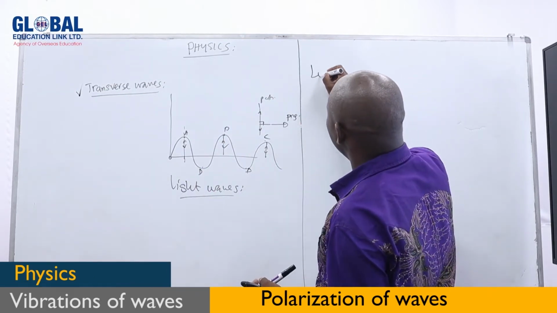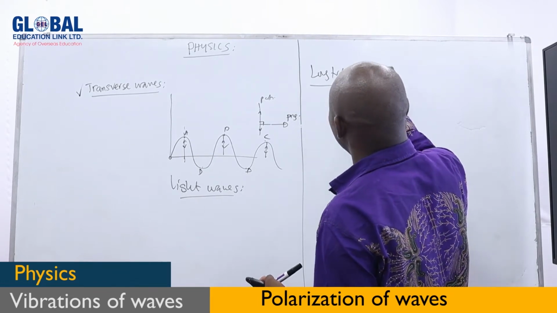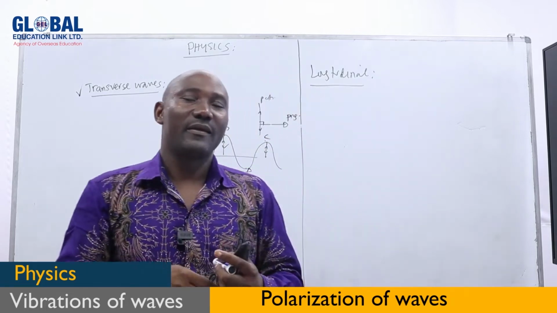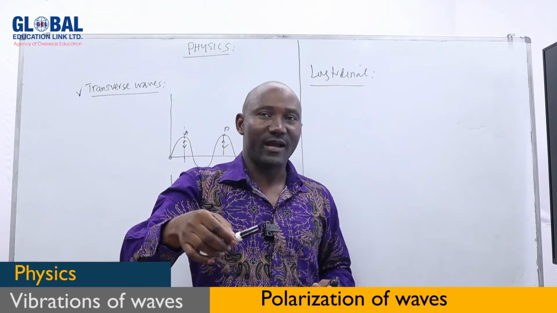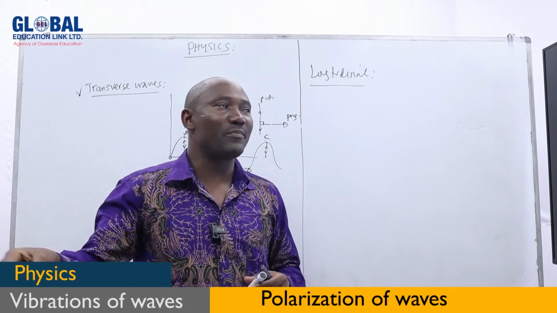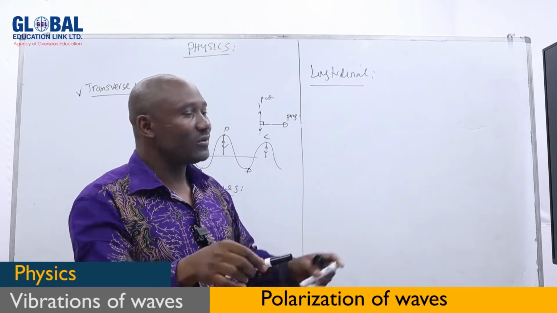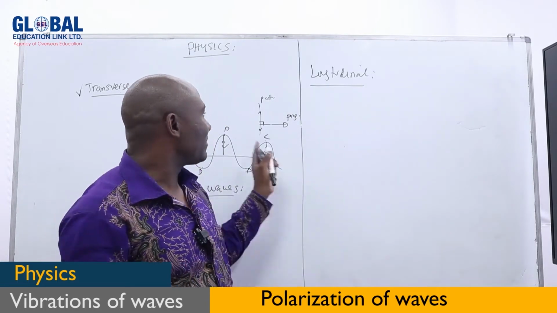But longitudinal waves are waves in which the vibrations of the particles are along the propagation of the waves. Longitudinal means along. The vibration of the particles is in the same direction as the propagation of the waves.